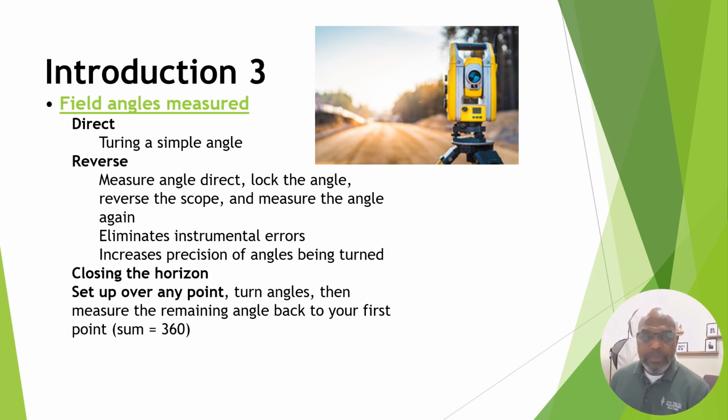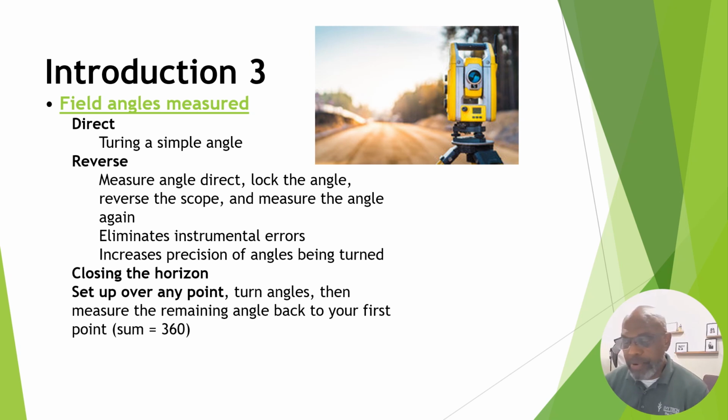Now, when it comes to reverse, we're doing both. This process is doubling the angles. It is used to eliminate instrument errors and increase the precision of the angle turned.